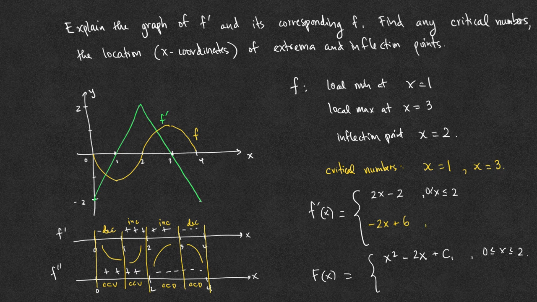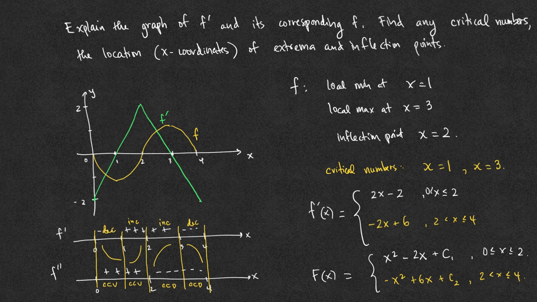This is for x between 2 and 4. An antiderivative for negative 2x plus 6 would be negative x squared plus 6x. And again, it might be shifted up by a constant. We would call it C2. This formula is only for an antiderivative from 2 to 4.